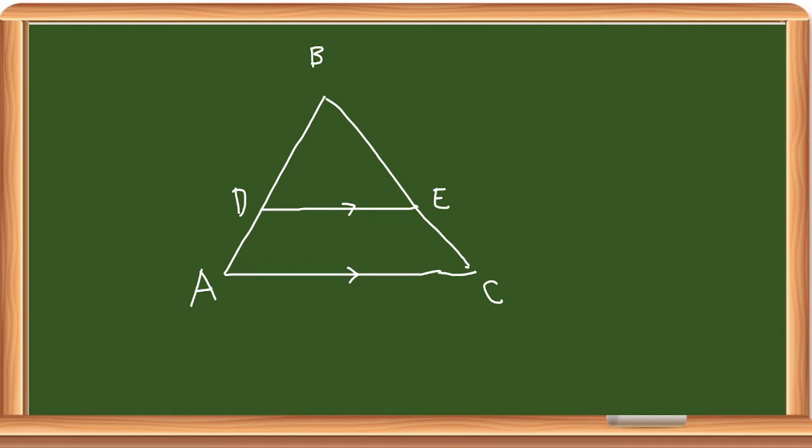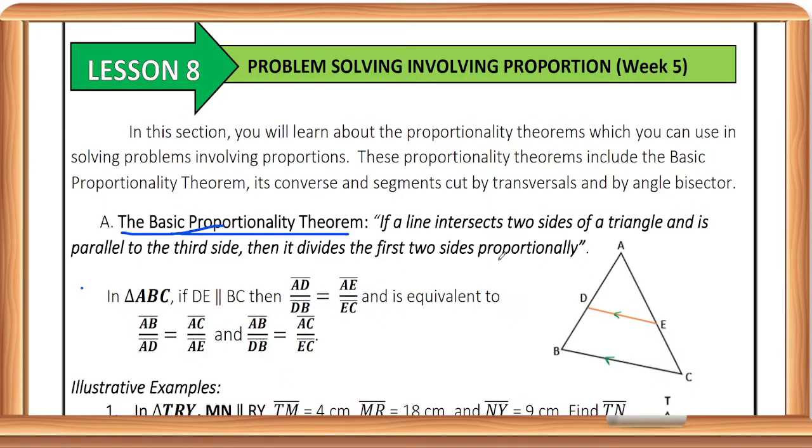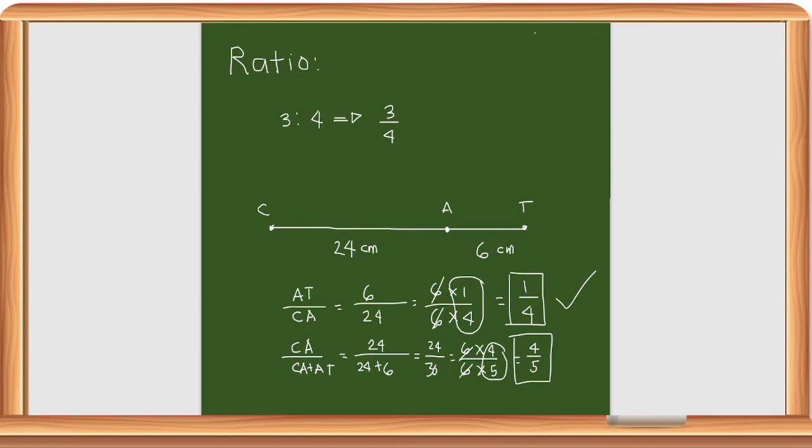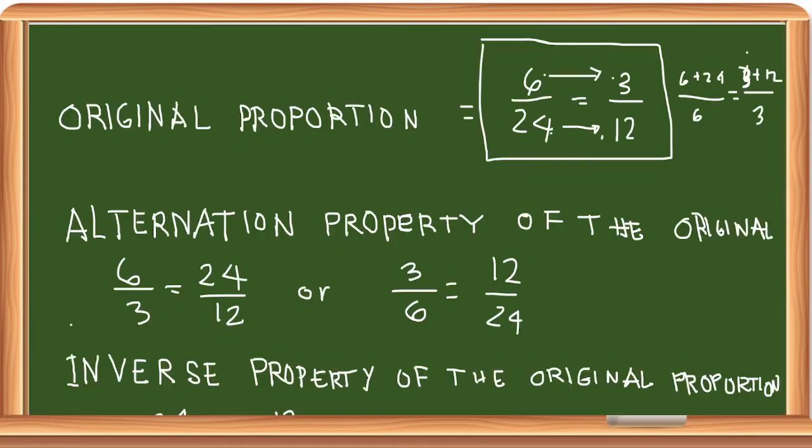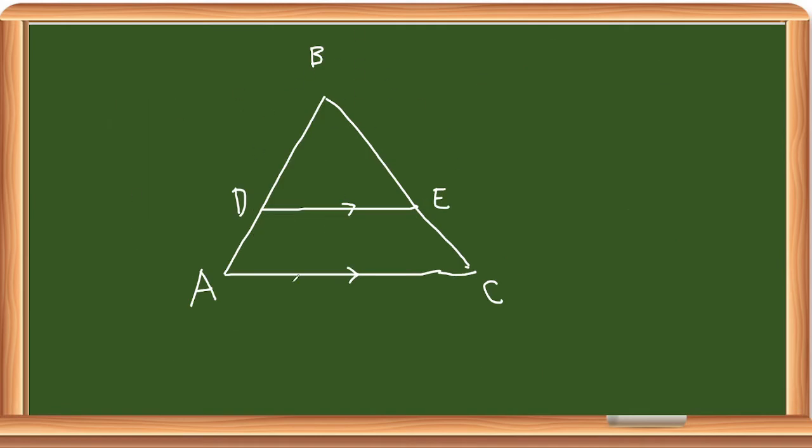Okay? So it says here in the basic proportionality theorem, if a line intersects the two sides and is parallel to the third side. So what you are doing now, what I'm asking you to do now, where was that? Wait, I got lost. What I'm asking you to do, this one, is draw the line here parallel to the third side, which is side AC.